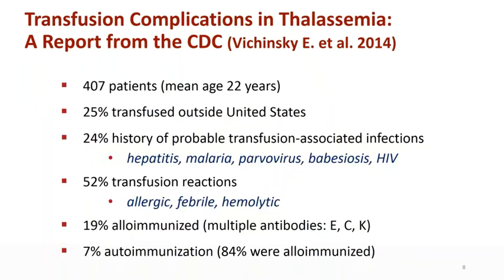Surprisingly, 25% of the population were transfused outside the United States. This reflects this population being largely an immigrant population, and they moved to the United States with a history of thalassemia or a history of transfusion. This is very important for the physician to determine when they first see a patient.